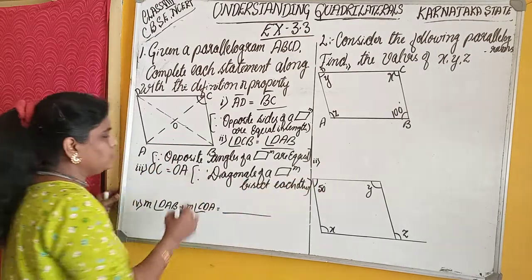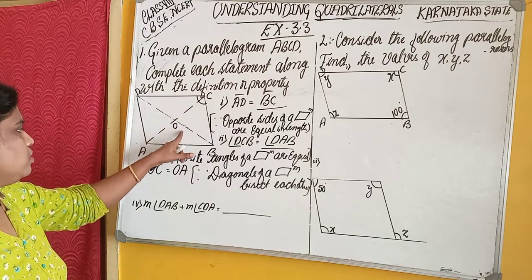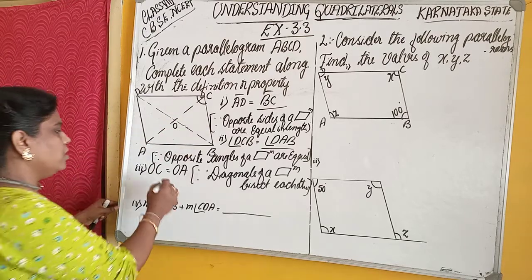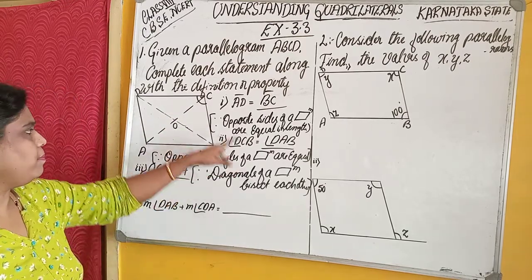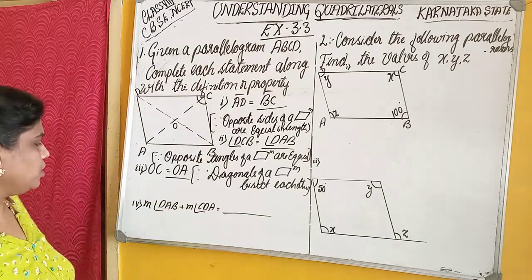Okay, students, we got the property. Here OC is equal to OA because the diagonals of a parallelogram bisect each other.